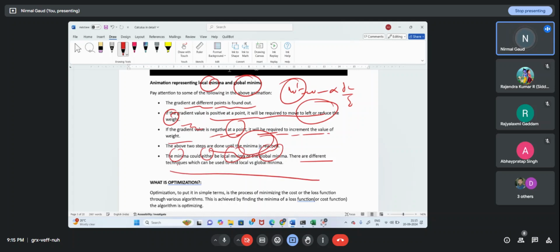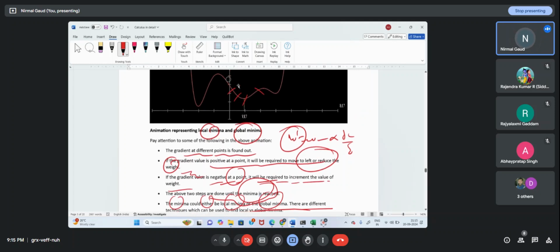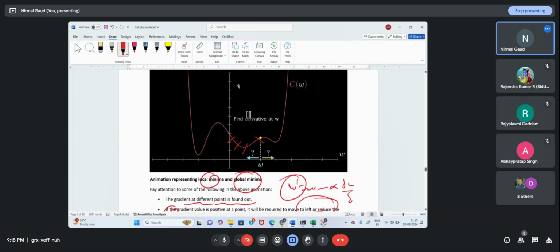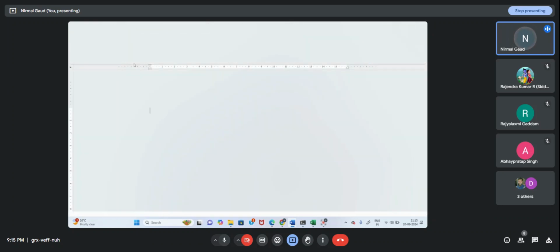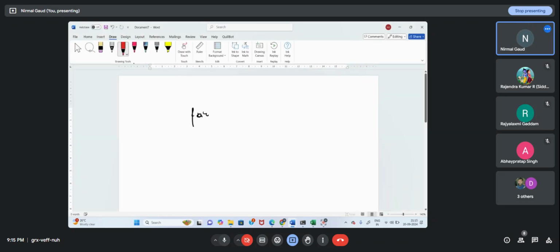There are different techniques to check whether it is local or global. Okay, so again, understand the phenomena. And there is one more issue that is called the point of inflexion, where I don't have any minima or maxima.